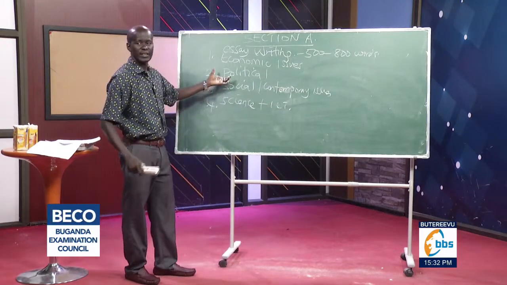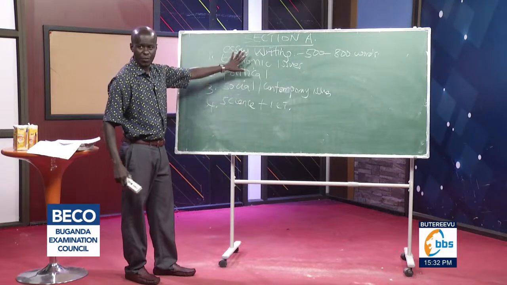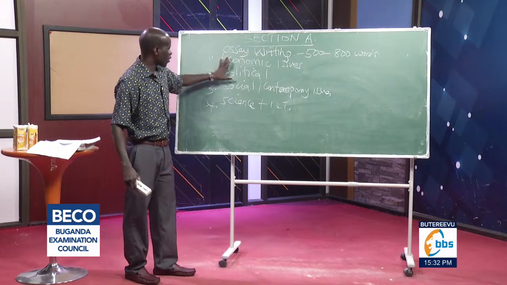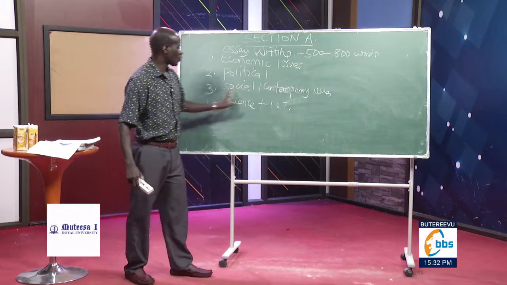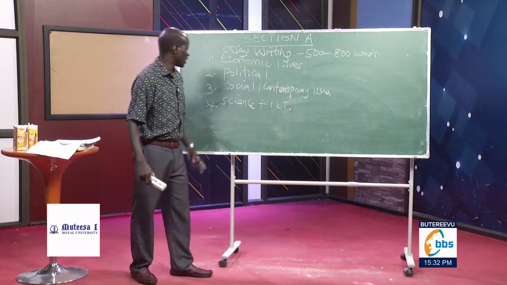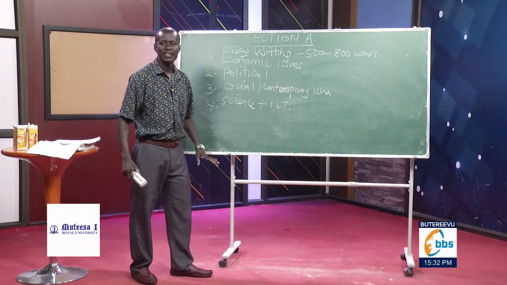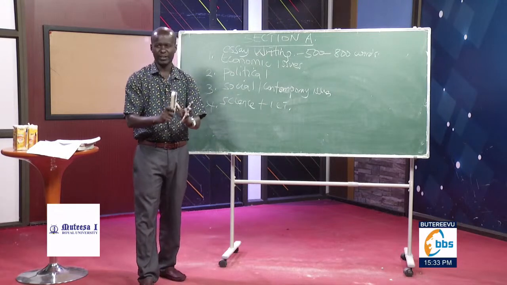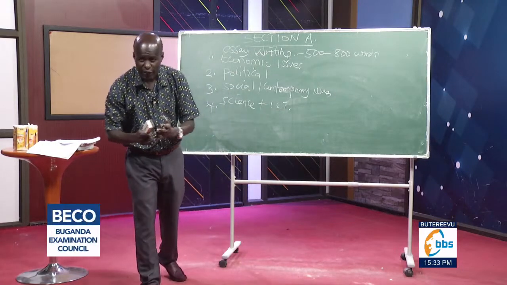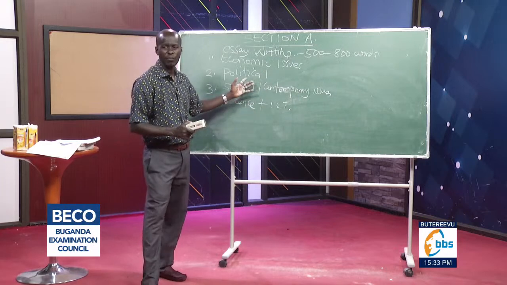These are the 4 thematic areas where a question can be set. Either economic issues, political issues, social stroke contemporary issues, and science stroke ICT. These are themes where the essay for section A will be picked from.